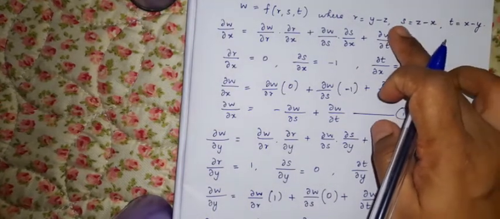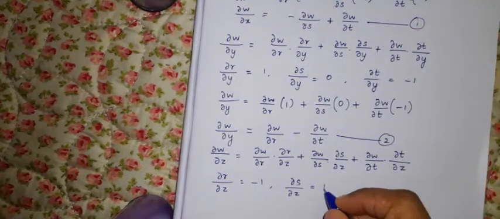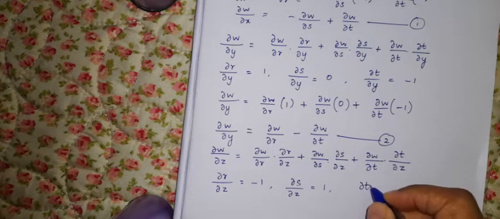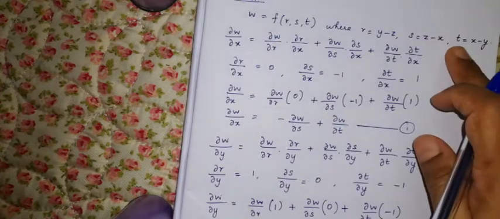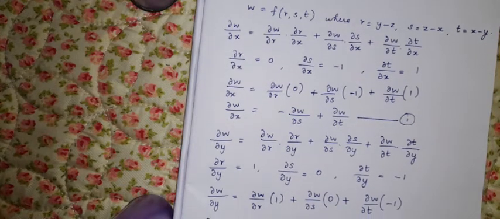So what is ∂s/∂z? It is plus 1. Similarly, what is ∂t/∂z? Instead of t, we have x minus y. So ∂t/∂z will be 0.